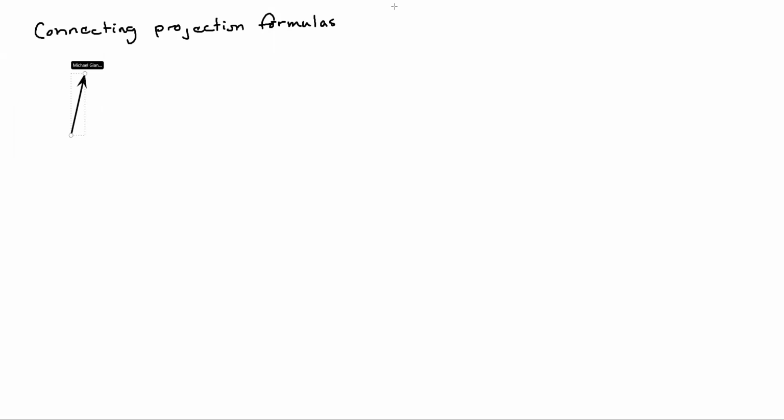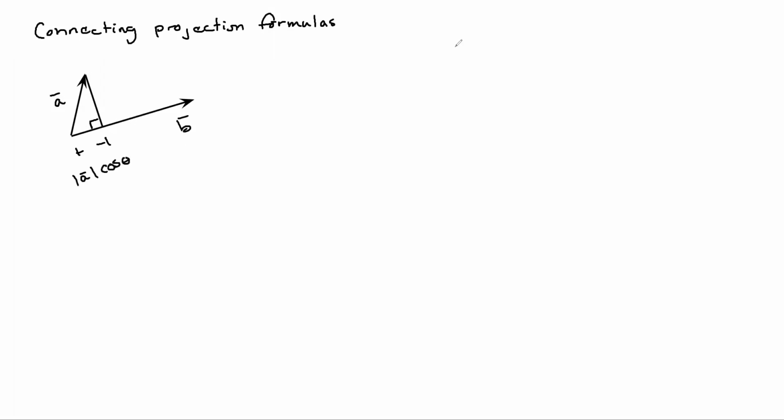We have vector A, vector B. We can go through and drop down a 90-degree angle here. And then we know that this distance from here to here is the length of A cosine theta.